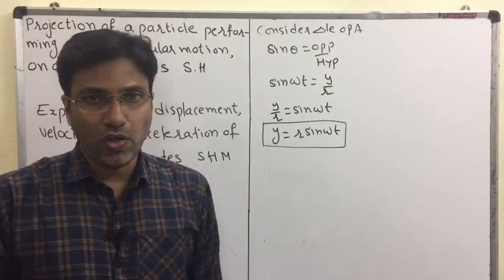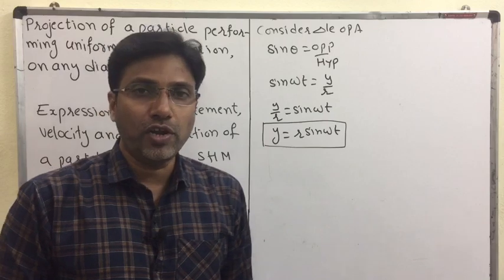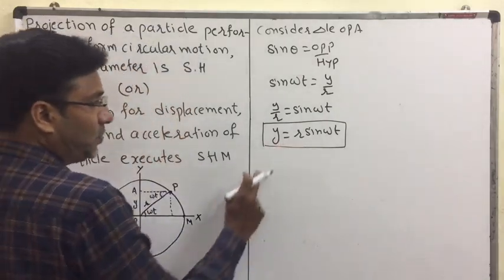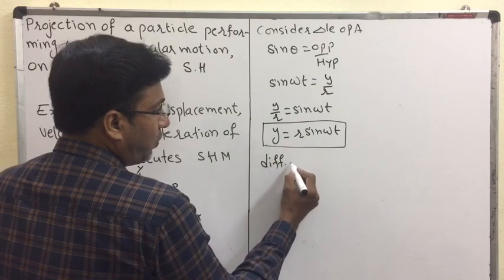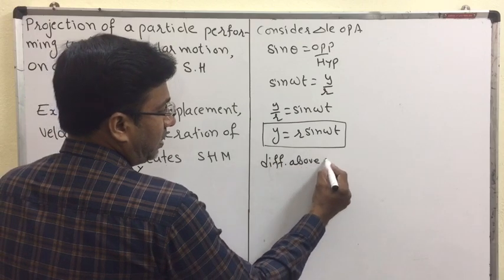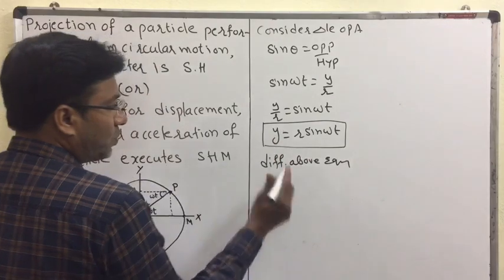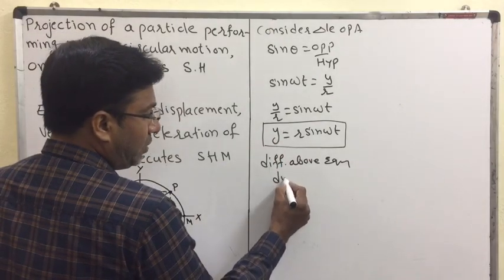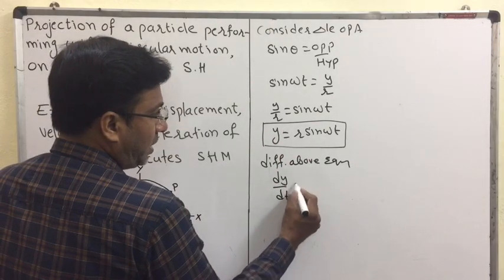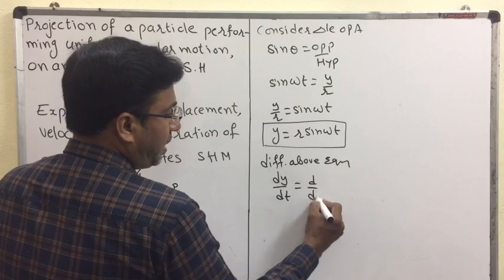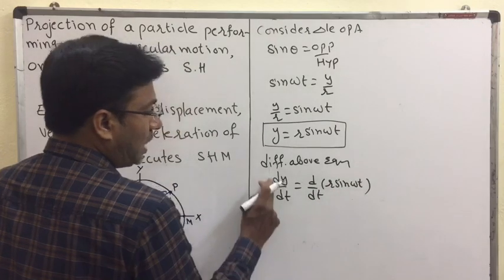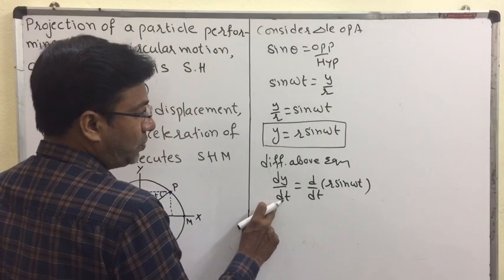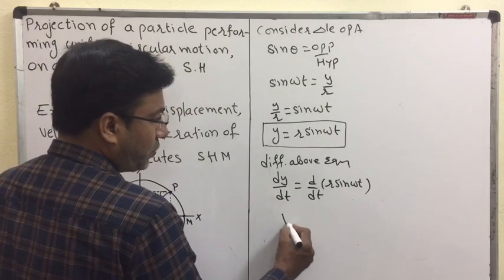Now we have to find velocity. To find velocity, we have to differentiate this equation. Differentiating, dy by dt is equal to d by dt of r sin omega t. dy by dt, displacement by time, is nothing but velocity v.